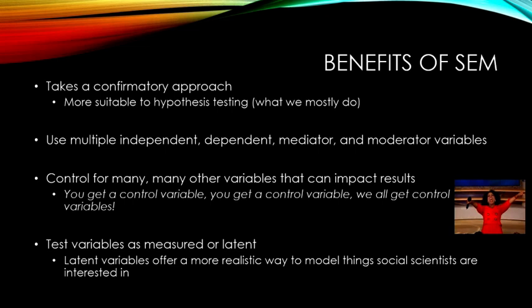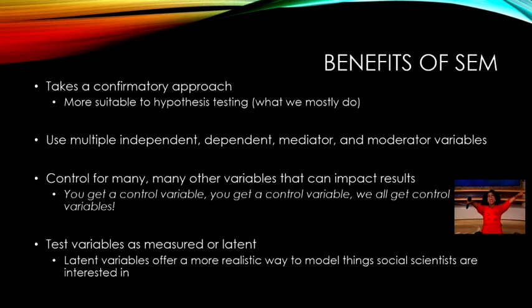Additionally, something we have not done at all yet this semester is you can test variables as measured or as latent. Measured just means you have the variable right there in your data. So we've done that with composite variables and individual variables. Latent variables, you're actually creating a brand new variable from these other ones in the model.